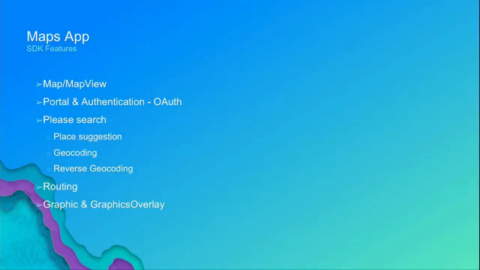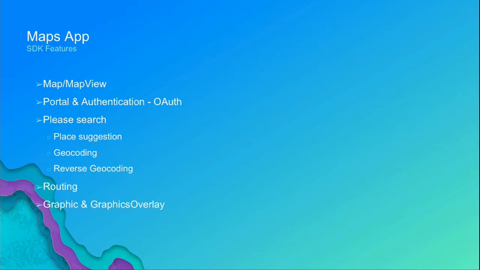So you want to go through the features that are present in the app? Okay. Yeah, we just saw the Maps app. Here are some key features used in this Maps app: Map and MapView, the Portal API and security components, geocoding and reverse geocoding, and also the routing API.